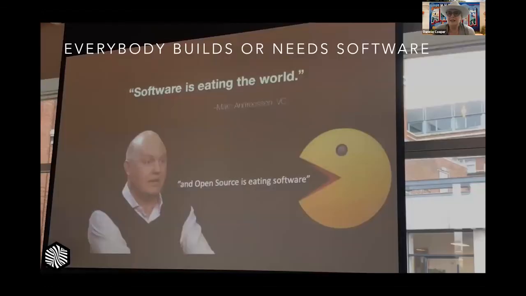And the whole reason that we need to do all of this is, as we know, Marc Andreessen noticed that software is everywhere now. Companies that never wrote software before have to have at least a website and maybe an app and maybe some other stuff just to get their work done. And somebody else came along in this presentation and said, yeah, but open source is eating software. And that's also true.